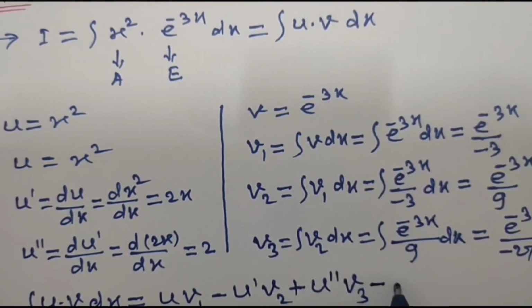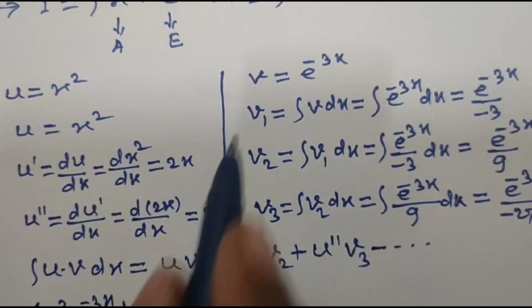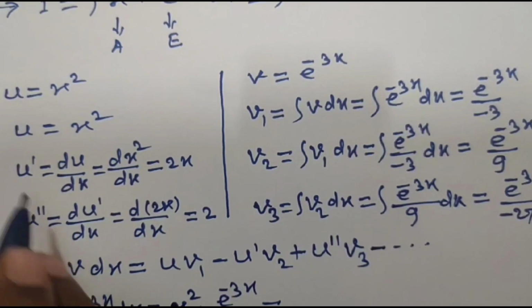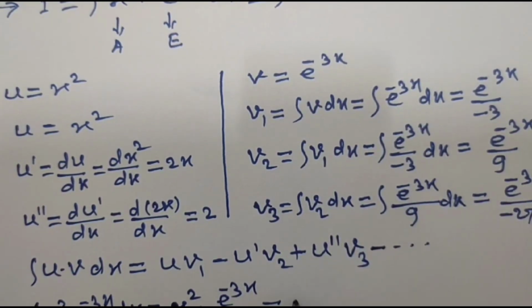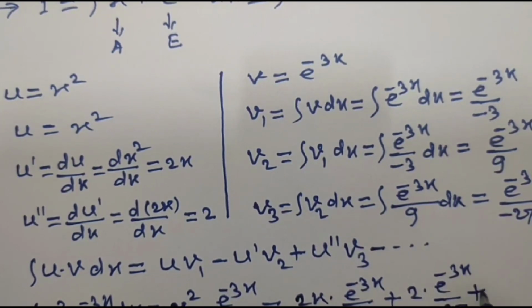Hence the integral of x square into e to the power minus 3x with respect to x is equal to u into v1, that is x square into e to the power minus 3x divided by minus 3, minus u dash v2, that is 2x into e to the power minus 3x divided by 9, plus u double dash, which is 2, into v3, e to the power minus 3x divided by minus 27, plus integral constant c.